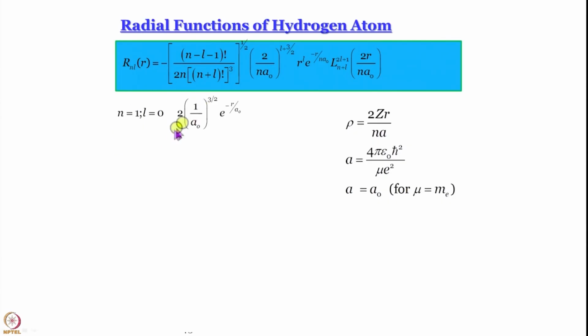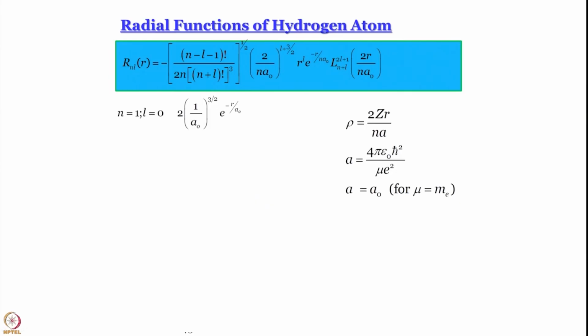So, that gets subsumed in the normalization constant and this is what we get. So, it is a simple exponential decay in r. Remember L equal to 0, so r to the power L equals 1, and this Laguerre function also is a constant. So, for n equal to 1, L equal to 0, that is a simple exponential decay in r.